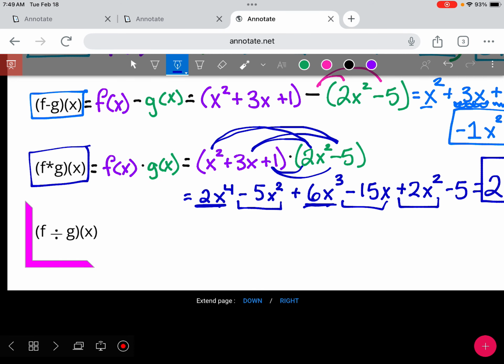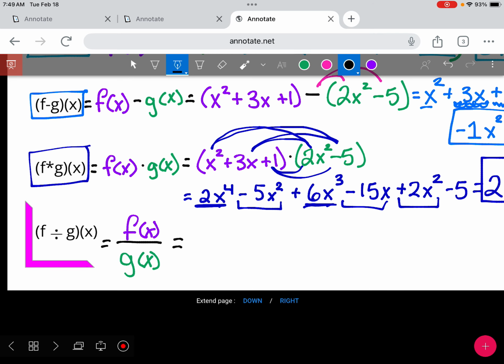And again, for our division stuff, we're for the most part just going to set it up. We don't really have to do much dividing with it. But this is where we're going to take our f of x and put it over our g of x.